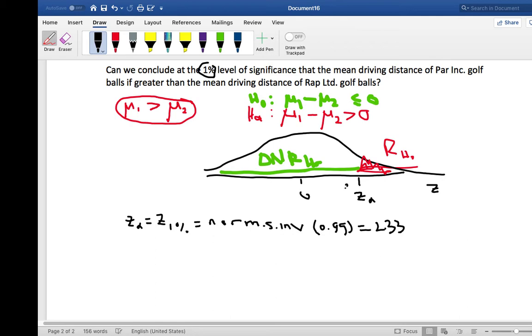This is 2.33, and we just need the test statistic now.